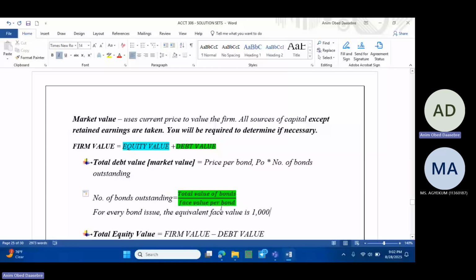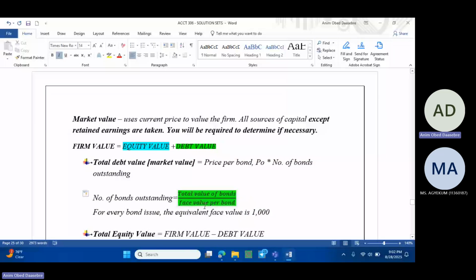So if you want to find the number of bonds, you have to divide the total value of bonds by the face value, which is 1,000.